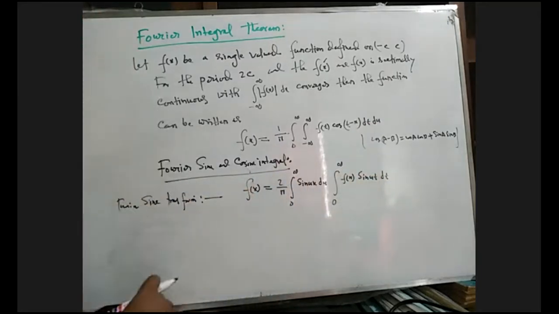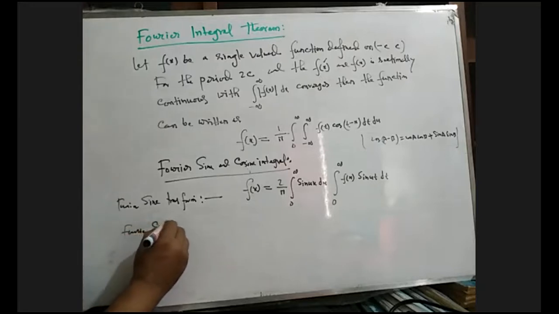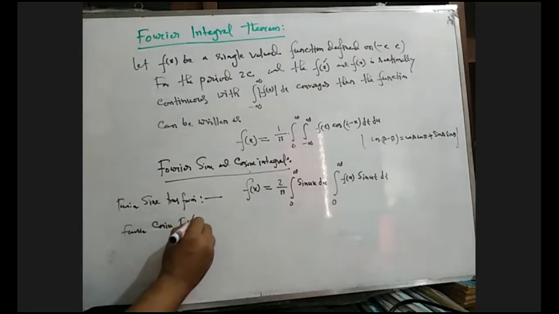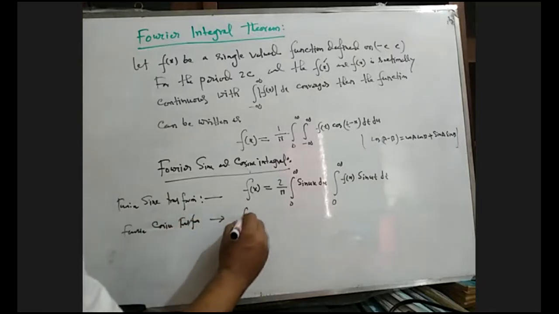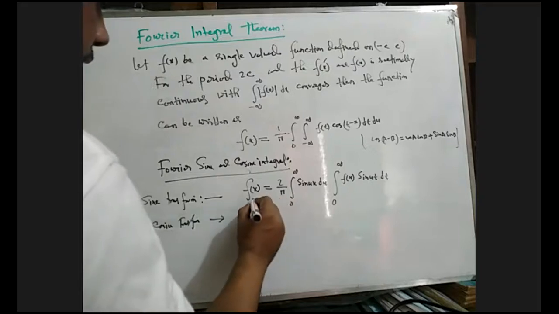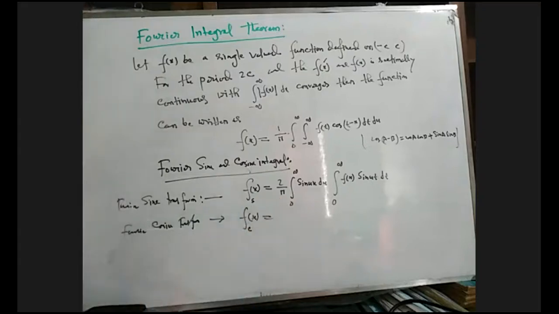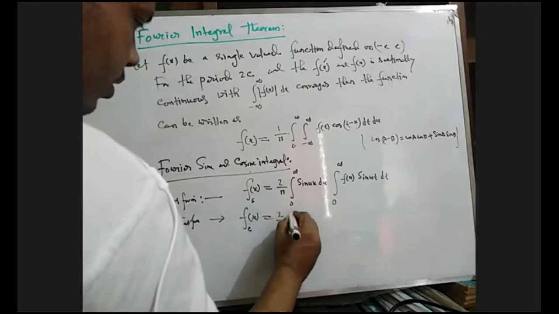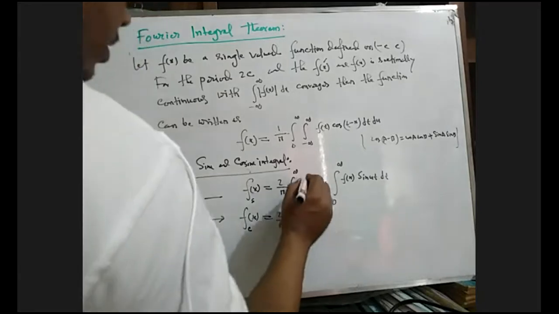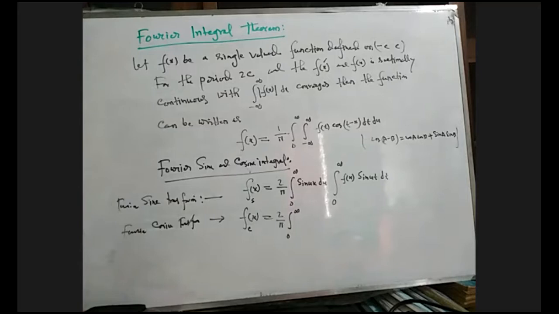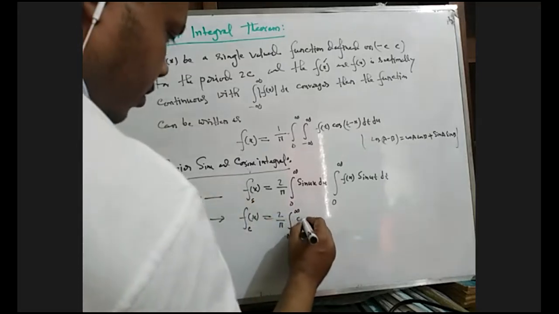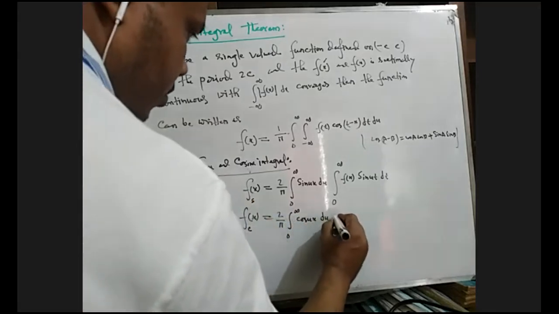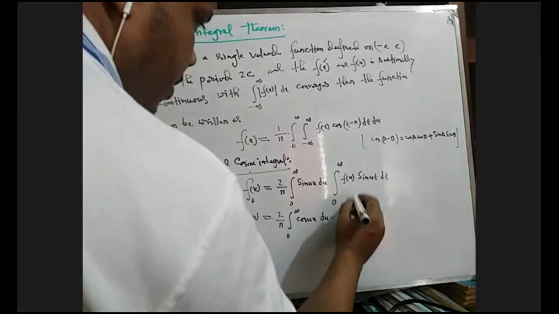Now Fourier cosine transform. The Fourier cosine transform can be written as, this is the f of s, and this is the c for cosine, 2 by pi, integral 0 to infinity cos ux du, integral 0 to infinity f of t cos ut dt.